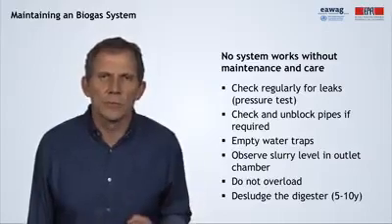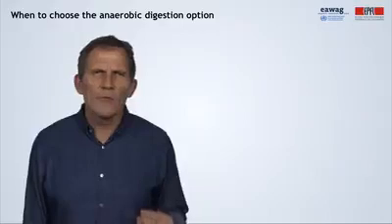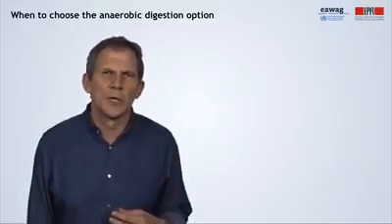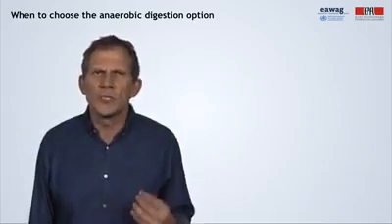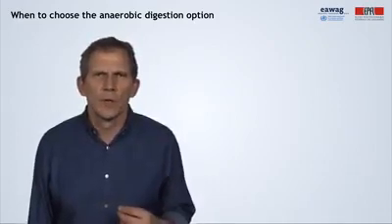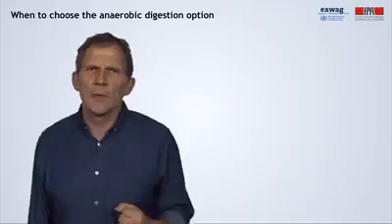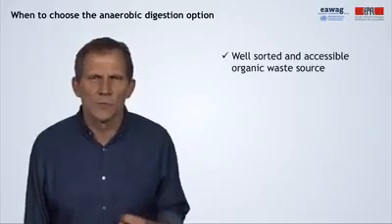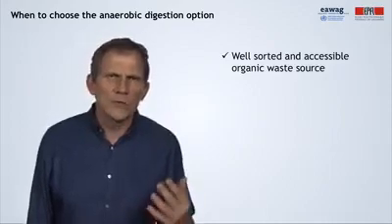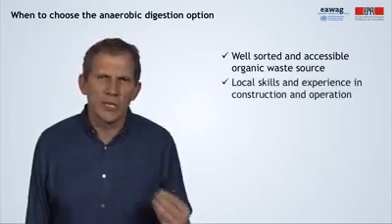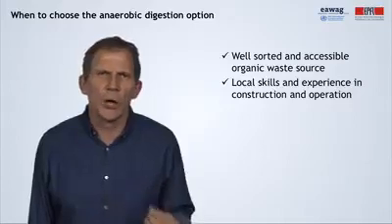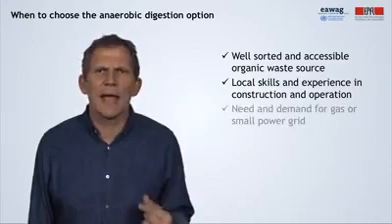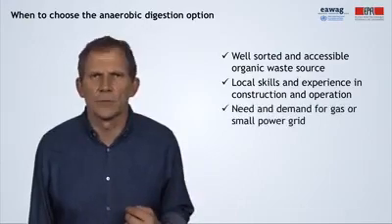So now we've heard a lot about anaerobic digestion as an option for waste management. But when should we actually choose this option? Well, one aspect is that we need access to a well-sorted organic waste source. We also need local skills and experience in construction and operation. Then, need and demand for gas is a requirement.